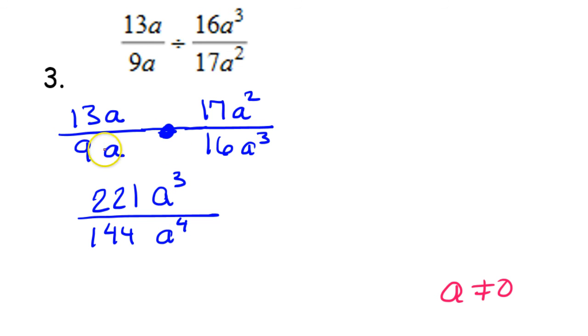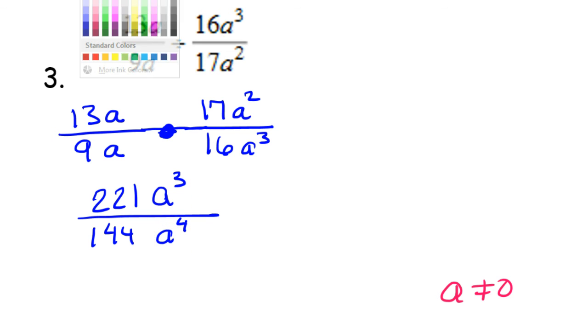If I look here, a can't be 0. If I look here, a can't be 0. If I look here where the 17a squared, a cannot be 0. You can't divide by 0. So that's my restriction.